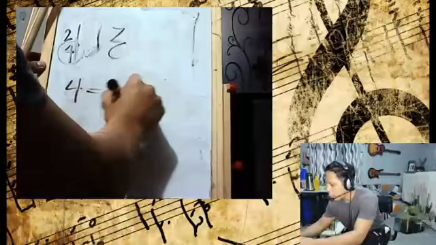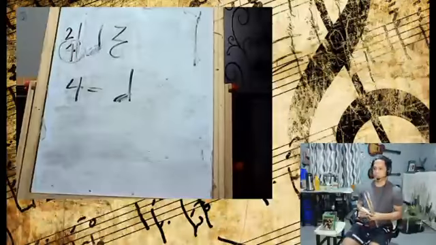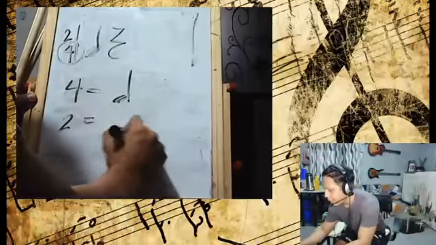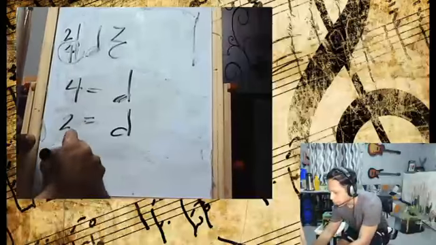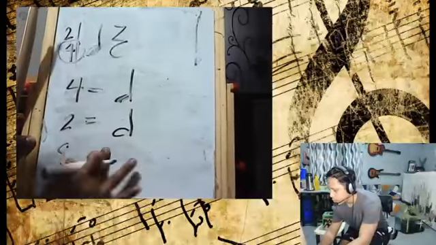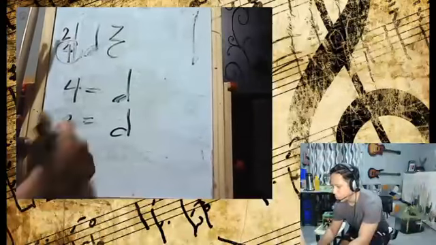Sorry, let's erase this one so that I can show it to you. Because number 4 represents quarter note. Okay? 2 represents half note. Okay? And then 1 represents whole note.